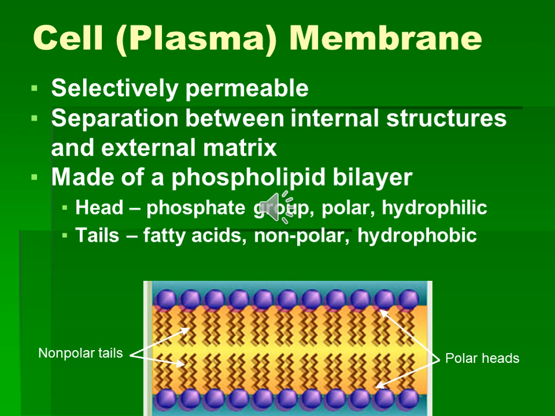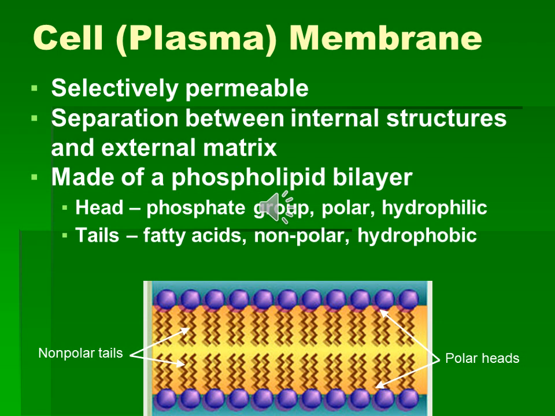Okay? It's made up of phospholipids and proteins and cholesterol. So we have this double layer, right? This fluid mosaic model with a double or phospholipid bilayer. And what's interesting about this is you get polar hydrophilic heads, which are attracted to water, and then your non-polar hydrophobic tails that line the center.